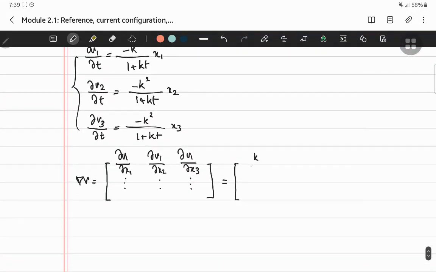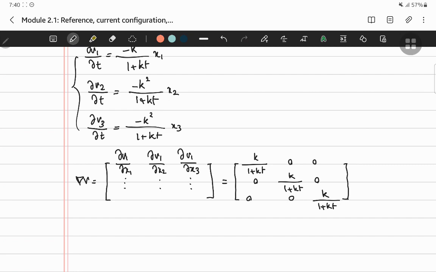Since it was x1 here, these two are 0, and the diagonal entries are k divided by 1 plus kt, with zeros elsewhere. If you can't recall this, I refer you to the relevant videos in module 1.